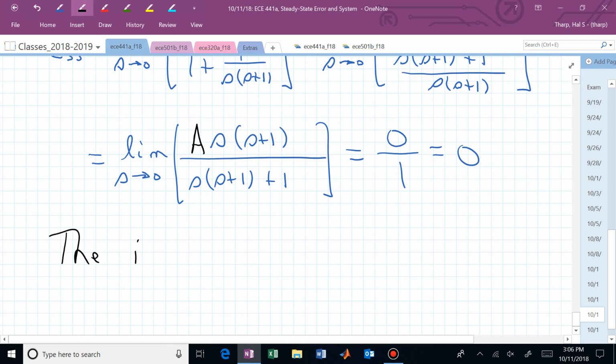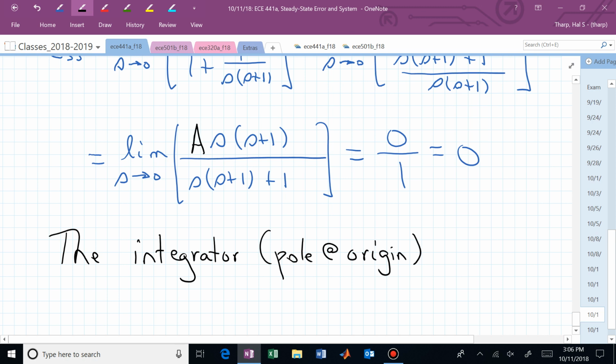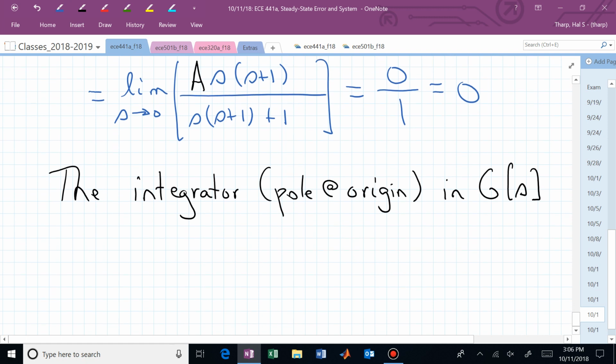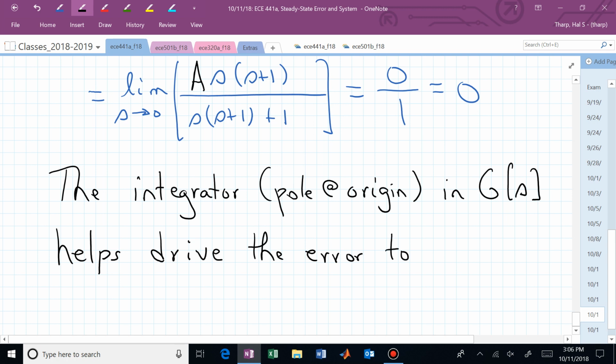The reason behind that is because we had this integrator, or this pole at the origin, in our original system G of s, and that pole at the origin actually helps drive the error to a steady state value of 0.